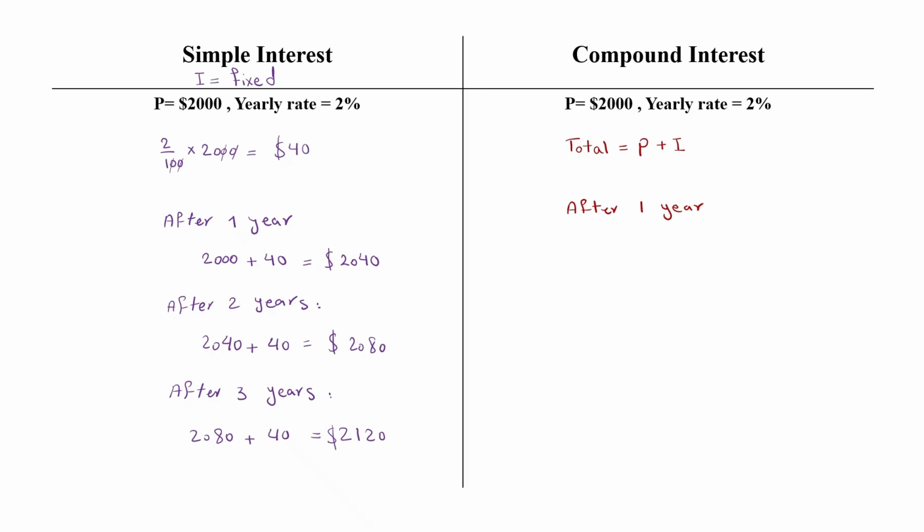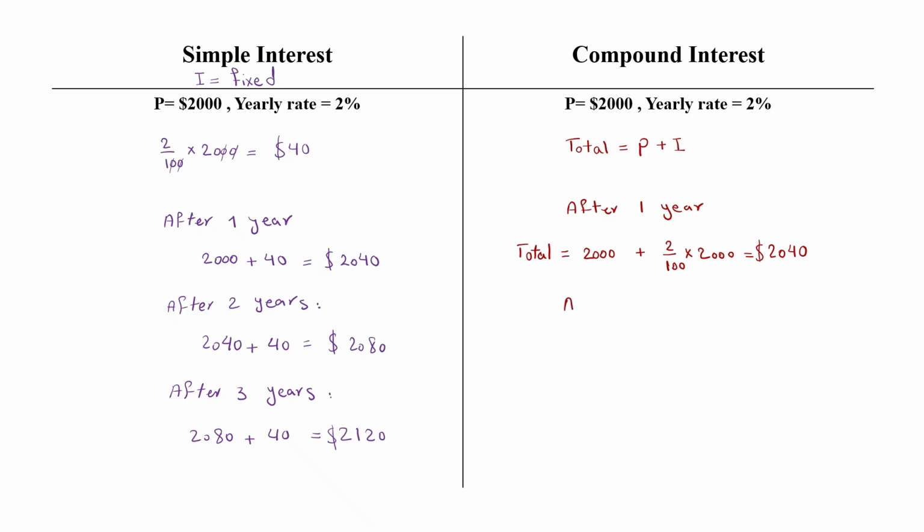By writing first 2% of 2000. And if you add it to the original money that you have, it would be the total, right? Okay. So 2000 plus 2 over 100 times 2000 would be $2,040 as we found in the previous part.